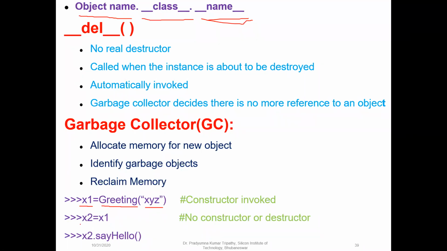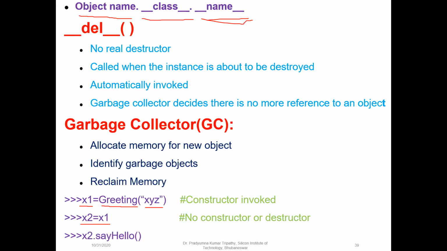Now the moment I write x2 is equal to x1, what does it mean? x2 is another pointer to x1. That means it is just a reference to x1. No extra memory is allocated, so no constructor or destructor will be invoked. I hope it is understood. For the first case, the constructor is invoked for x1.